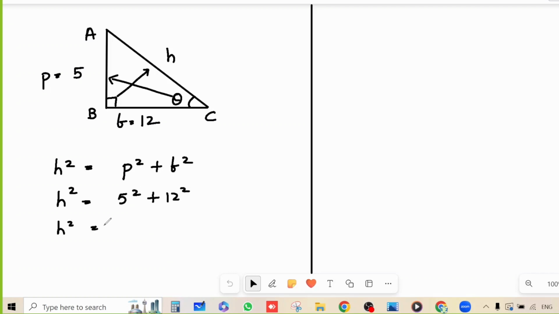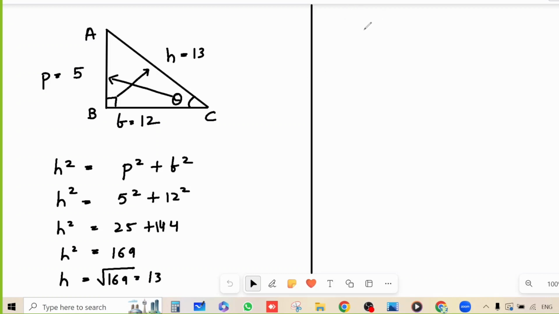So h square is equal to 25 plus 144. h square is equal to 169. To find the value of h, we will take the square root of both the sides. So h is equal to square root of 169, which is equal to 13 units. So the value of h here is 13 units.